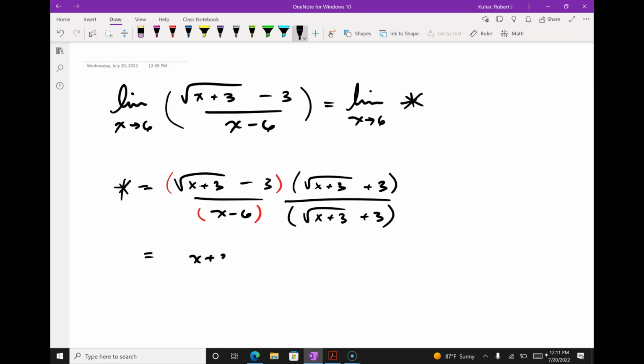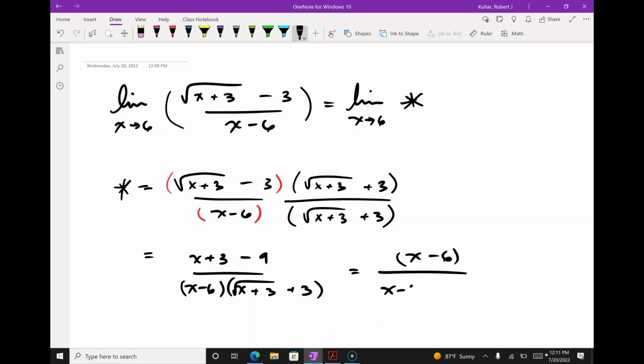What do I get? I get x plus 3 minus 9 all over x minus 6 times that conjugate. Well, that's kind of nice because it turns into x minus 6 upstairs, right? It better, or I'm in trouble. So that piece cancels.